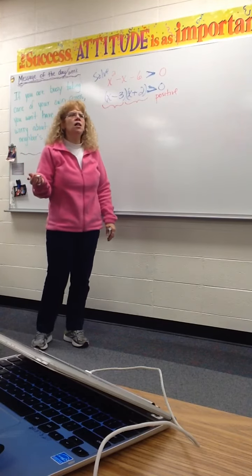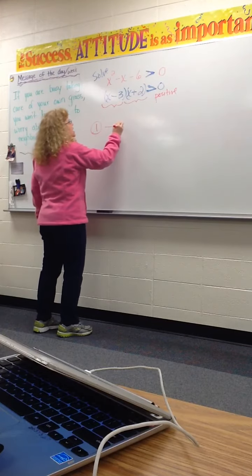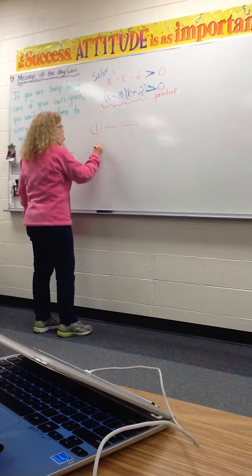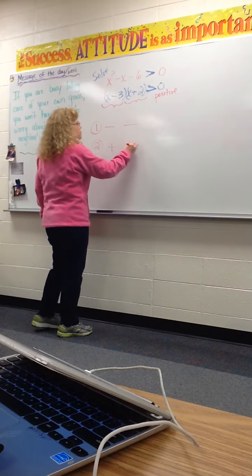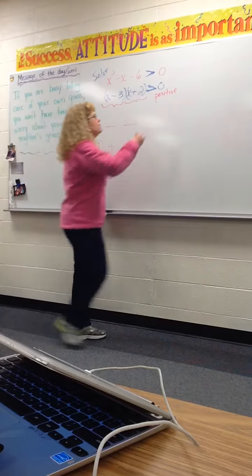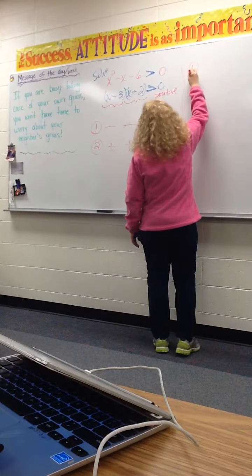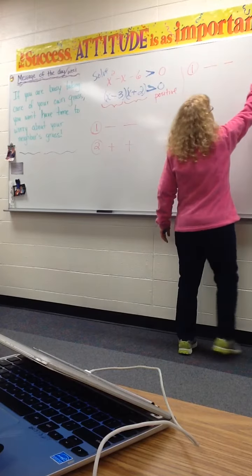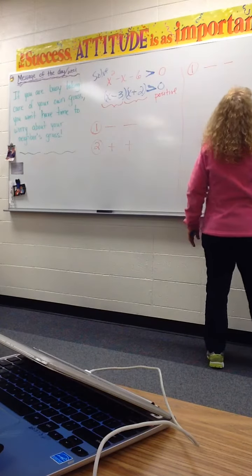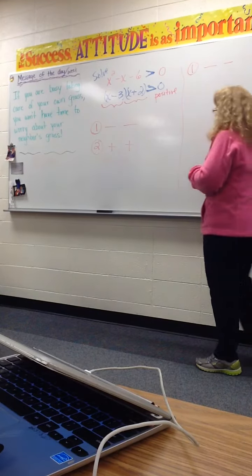What could it be, Will? Exactly. A negative times negative, or it could be a positive times a positive, right? Well, guess what? We have to go over here and do both. One possibility is if I have a negative and a negative, and the other possibility is if I have a positive and a positive.